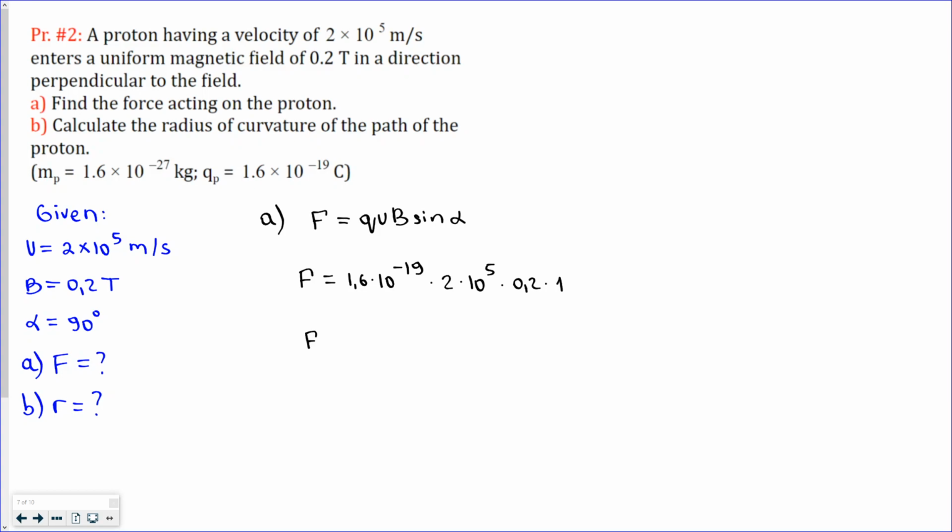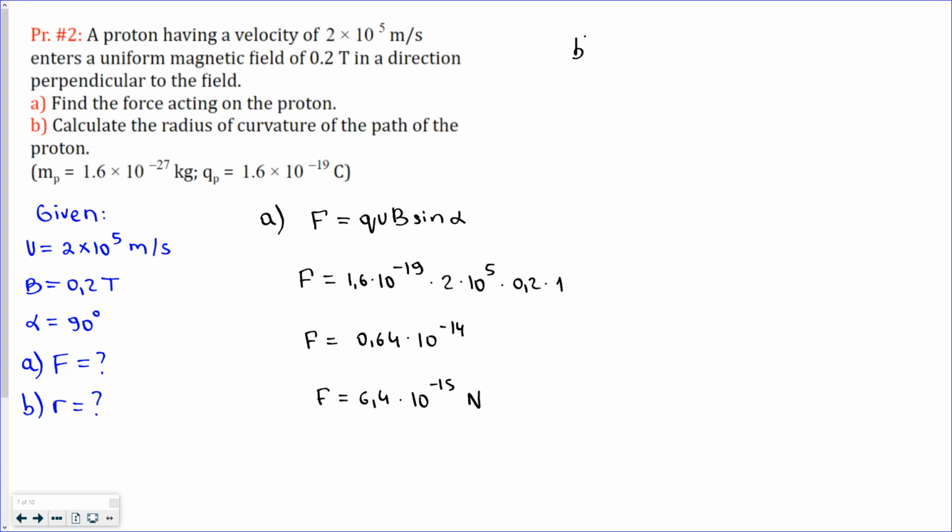So the force is here. If you calculate, you get 0.64 times 10 to the minus 14, and I can write it in this form: 6.4 times 10 to the minus 15. The unit for force is newtons.